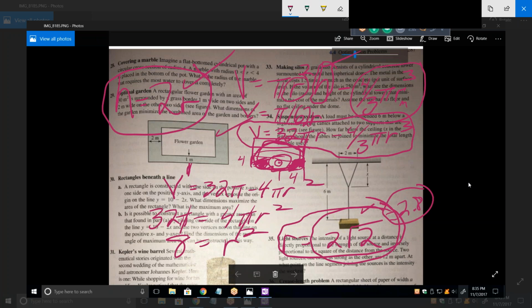Now it's not completely clear to me whether that answer we got would be a minimum or maximum. Who's to say that's not the minimum amount of water that would require to cover the marble? Well, that's easy enough answered by taking the second derivative again. Second derivative, that goes away. I got minus 8 pi r. And if I stick a positive r in there, I have a negative.